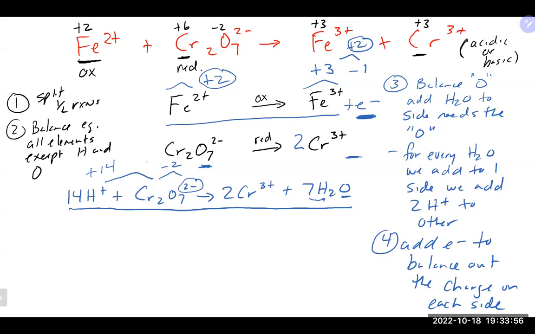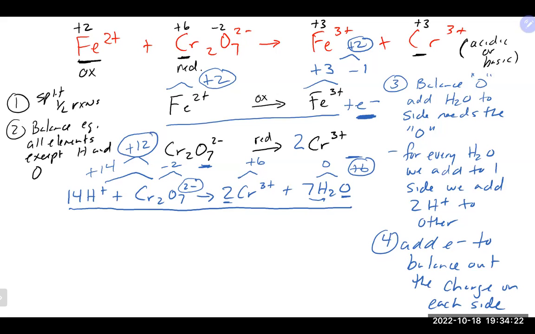That is a +12 on the left-hand side. On the right-hand side, that is 2 times 3, which is +6. And this is 0, which means on the right-hand side, we have a total of +6. And on the left-hand side, we have a total charge of +12.